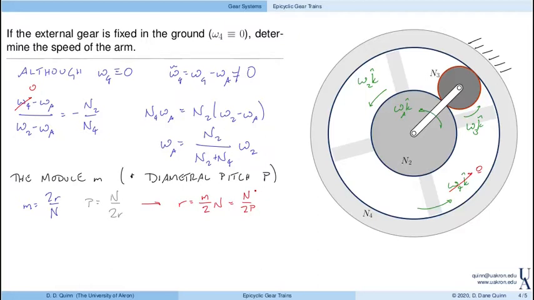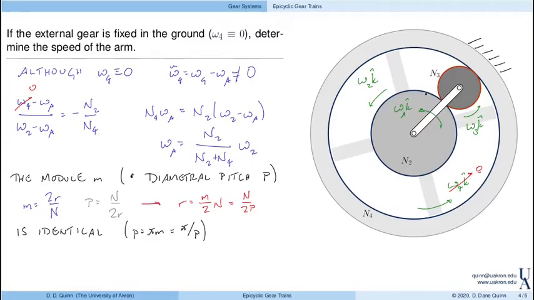So these have to be identical for conjugate gears. And that basically comes from the circular pitch, which we saw was the distance between teeth, right? Because that is essentially pi times m, or pi divided by p.